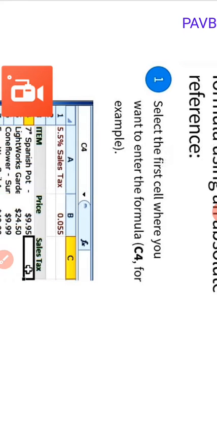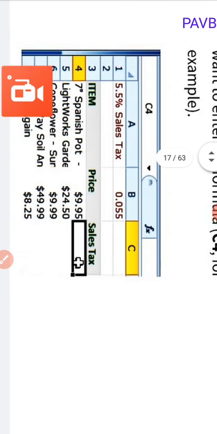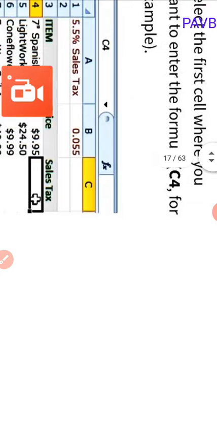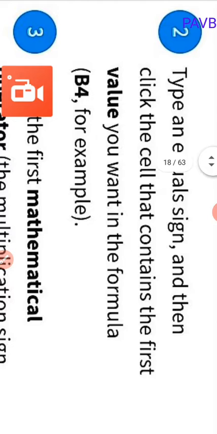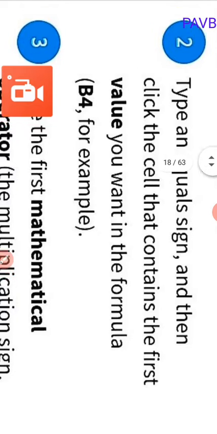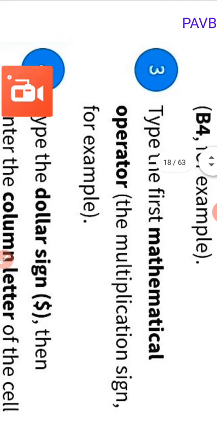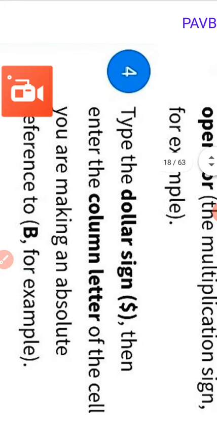Select the first cell where you want to enter the formula, for example C4. Type an equal sign and then click the cell that contains the first value you want in the formula, for example B4. Type the first mathematical operator, for example the multiplication sign.